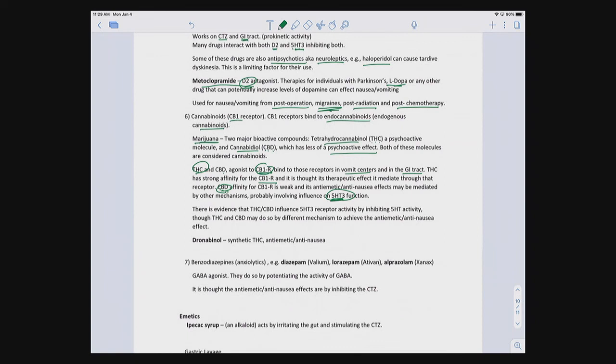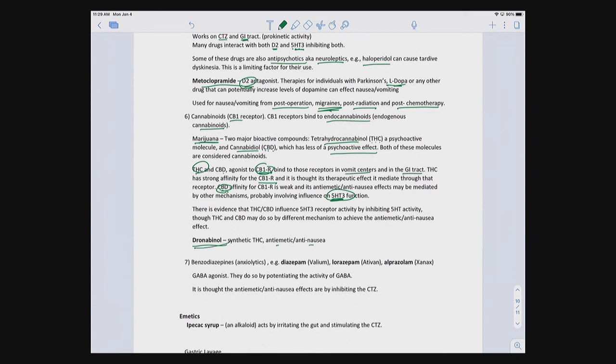There is a synthetic THC, dronabinol, and that is an antiemetic, anti-nausea drug. It is also used as an appetite stimulant for someone who is losing a lot of weight and wants to increase their appetite.